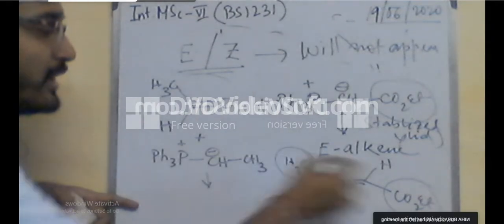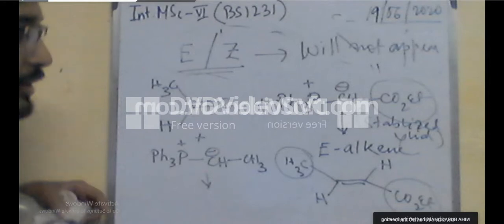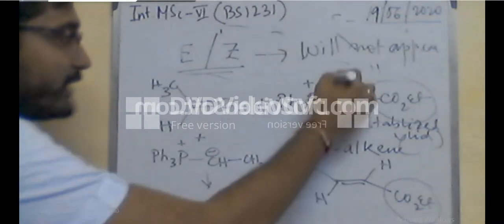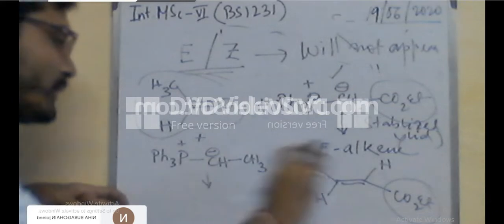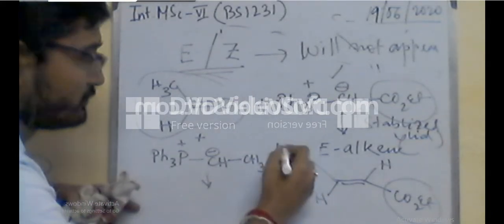Now similarly, in this case you can see that this negative charge is not stabilized via resonance or via any electronic factor. Not only that, the presence of the methyl group, that is the plus I effect, is here. So it cannot stabilize the negative charge. So this ylide is not a stabilized ylide.